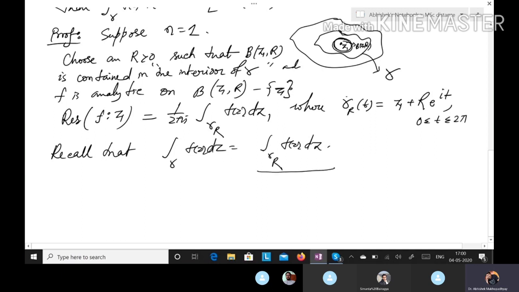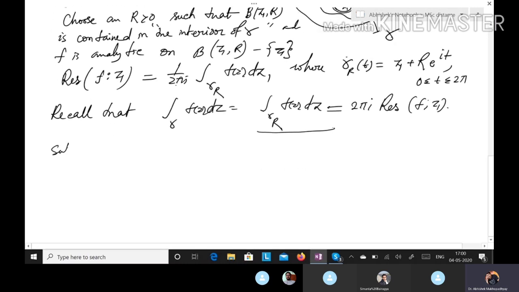But this is 2 pi i multiple of the residue of f at z1. So therefore, this is 2 pi i times the residue of f at z1. So hence, this result is true for n equal to 1.